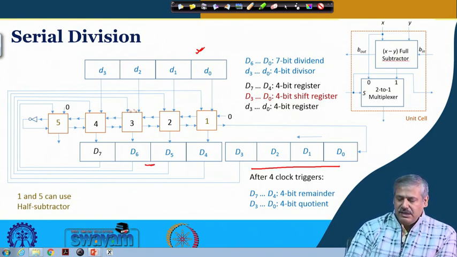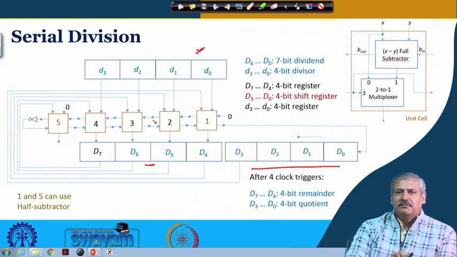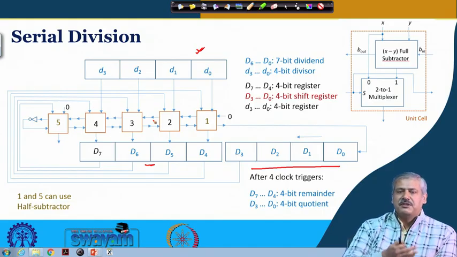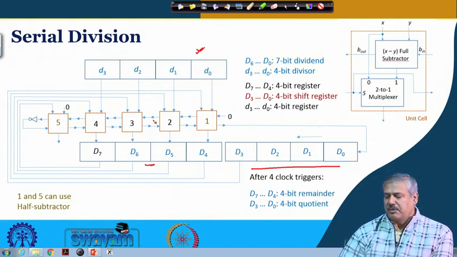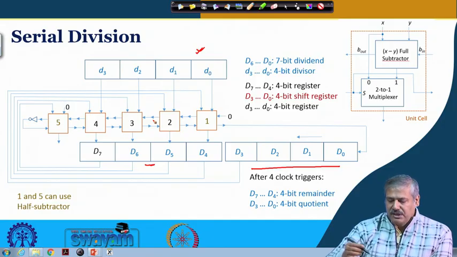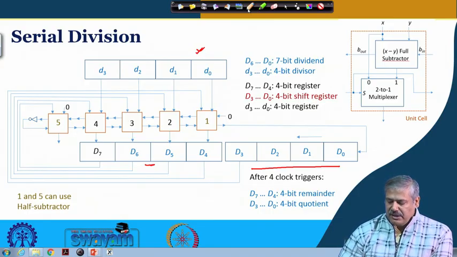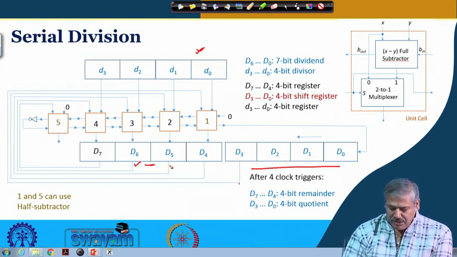Right? And these are the unit cell, one bank of it is only required because it is sequentially used. So how does it work, how does it implement the combinatorial circuit based circuit that we had seen? In this particular case, in the beginning D6, D5, D4, D3, you see this is the output, this is taken from here, and D7 is also there.